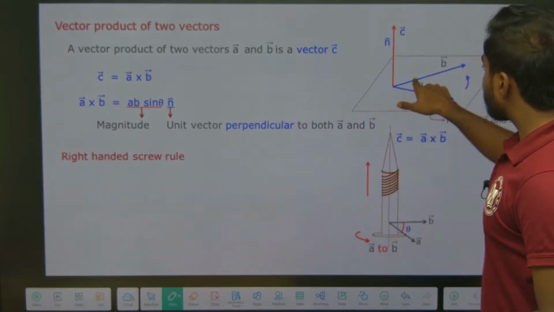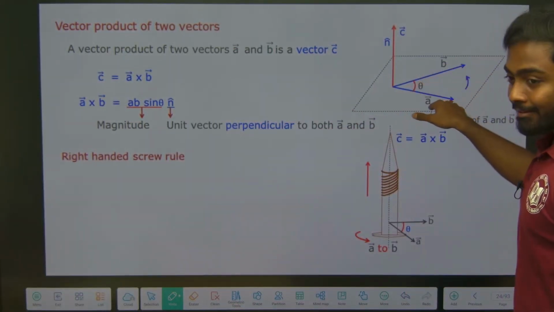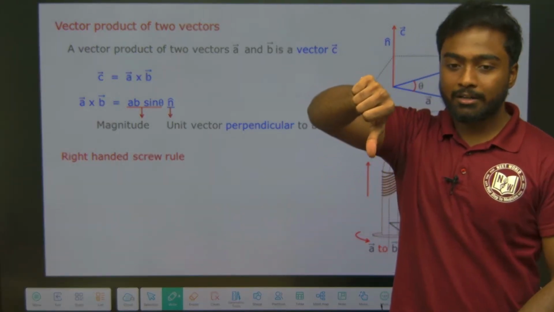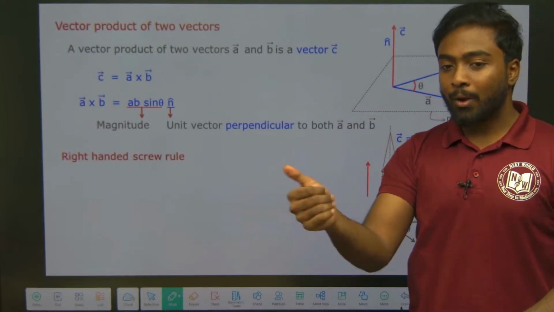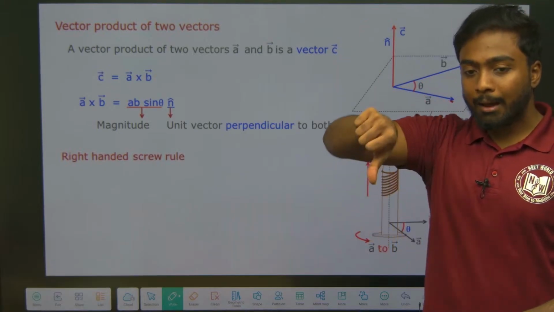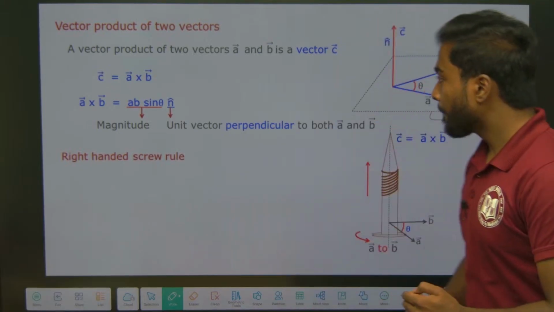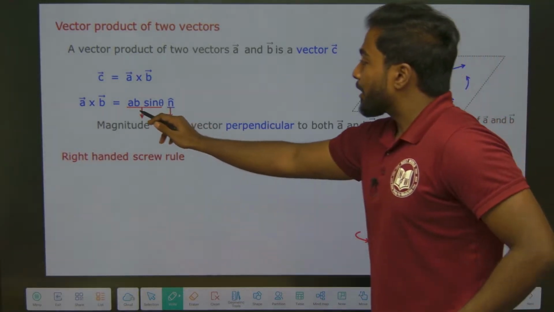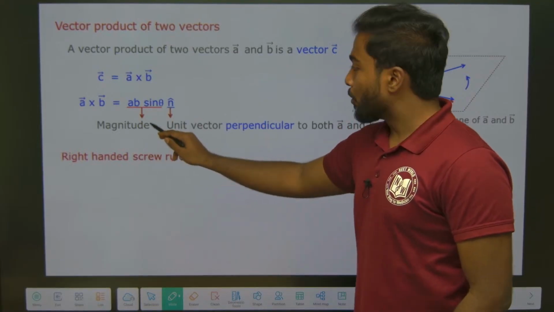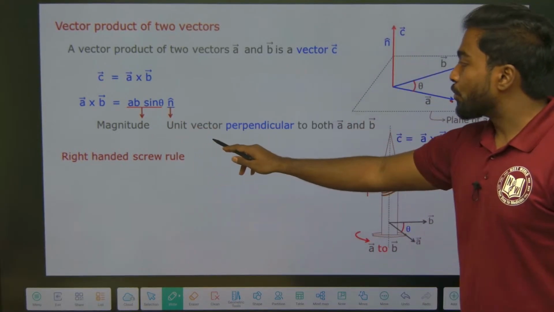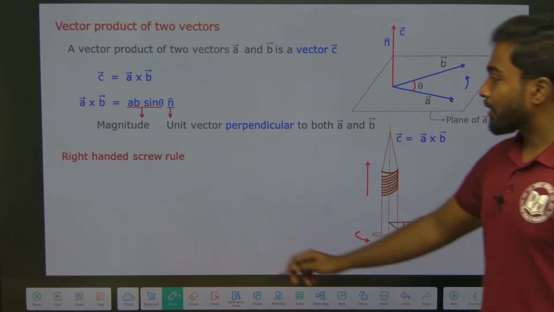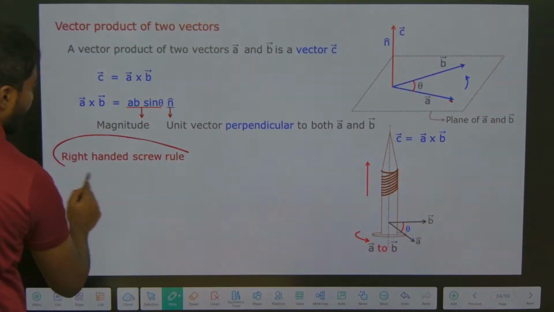Suppose this is my first vector B, second vector is A, which means going from the second vector to the first, the resultant will be towards down. X to Y means the resultant will be Z, Y to X means the resultant will be minus Z. So A cross B will be equal to AB sin theta n cap, where AB sin theta is the magnitude and n cap is the unit vector perpendicular to both A and B. That's the screw rule we have used.